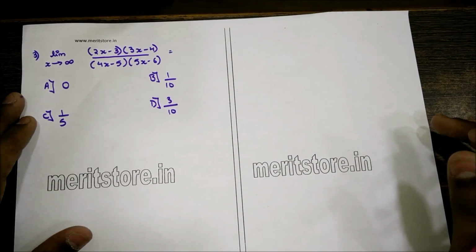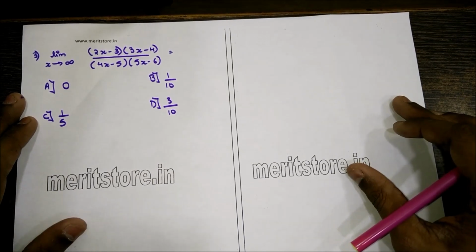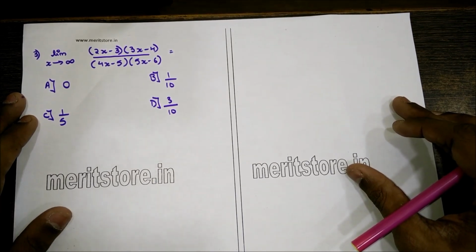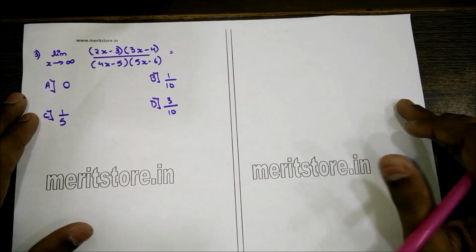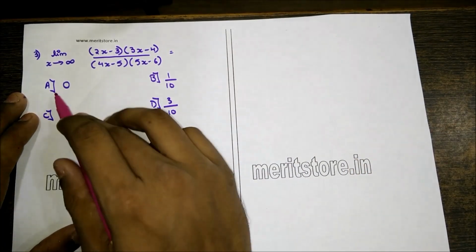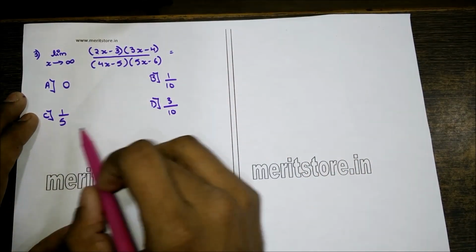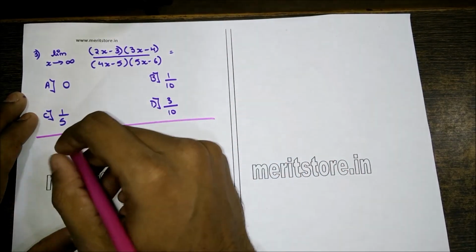Limit of x tends to infinity (2x minus 3) into (3x minus 4) upon (4x minus 5) into (5x minus 6) equals: A) 0, B) 1 by 10, C) 1 by 5 or D) 3 by 10.